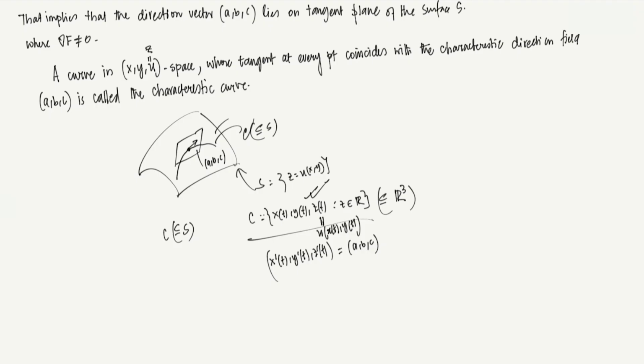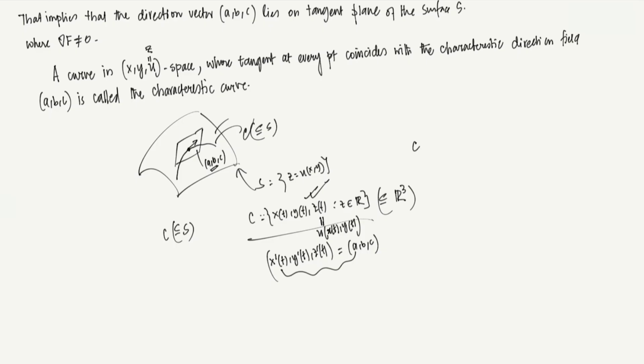So we are going to look at a curve C such that the tangent is given by this ABC, because ABC is the vector which lies on the tangent plane. So we can think of a curve which lies on S such that this happens. Once you know x prime of t, y prime of t, z prime of t, you just integrate and you get C.